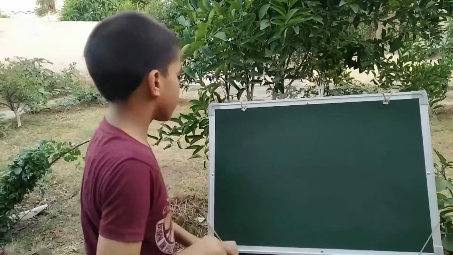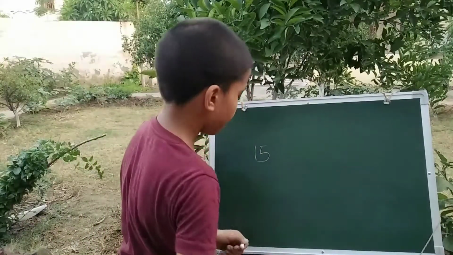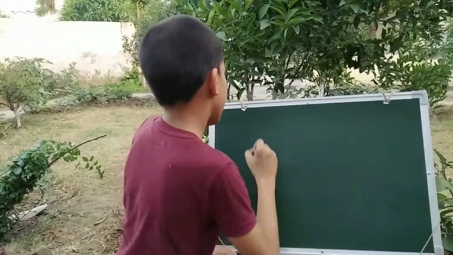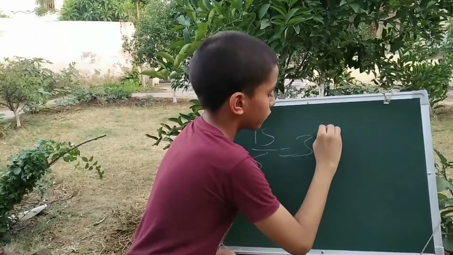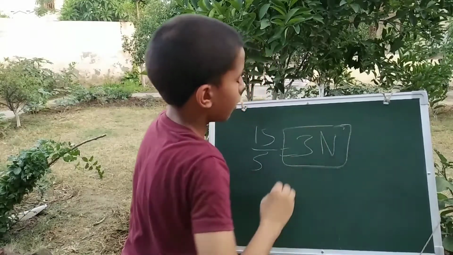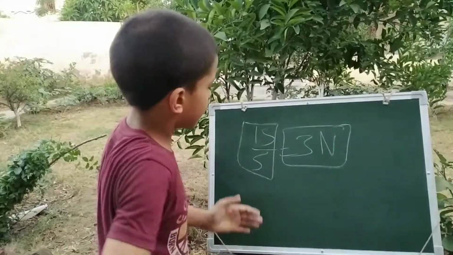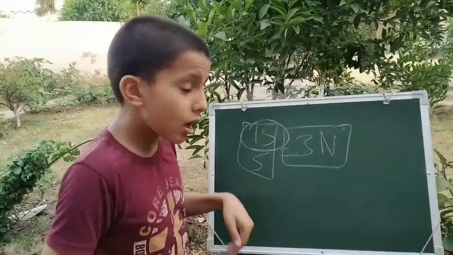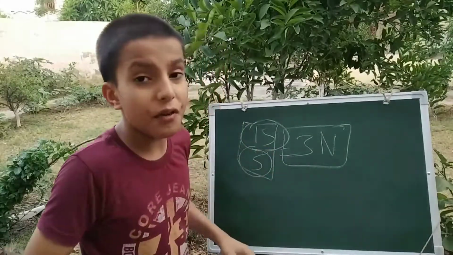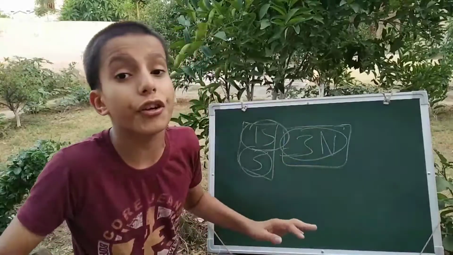Let's find it. We will divide: 15 over 5. The 15 is the work I had done, and 5 meter is our displacement. So we get 3 Newton.